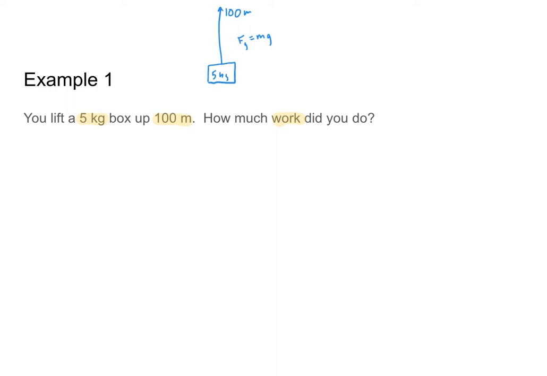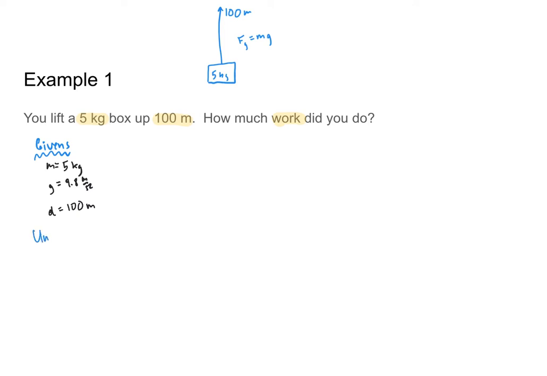With that information, I'm now ready to list out my givens. I know that the mass of my box is 5 kilograms. I know that little g is 9.8 meters per second squared, and I know that the distance my box travels is 100 meters.